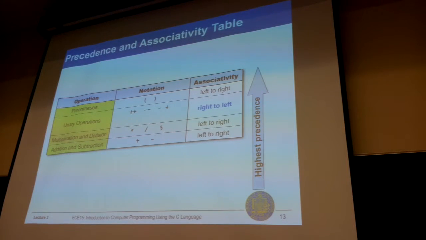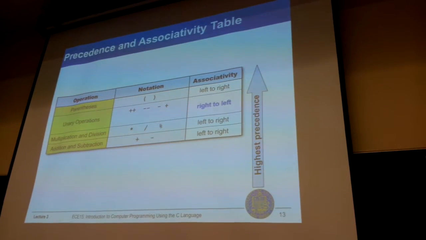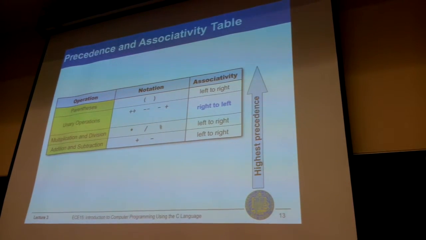So that's pretty much all I wanted to cover today. But before letting you go, we need to expand on this precedence and associativity table, adding in all of the expressions that we saw today. It turns out that the not has high precedence, just like any other unary operation. We just added it along with the plus plus, minus minus, and the sign operations.